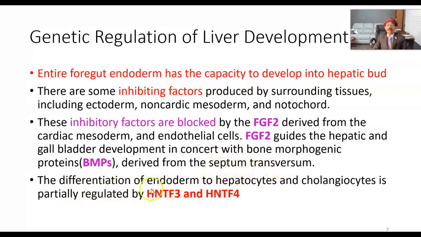The differentiation of endoderm to hepatocyte and cholangiocyte is partially regulated by HNF3, hepatocyte nuclear factor 3, and HNF4, hepatocyte nuclear factor 4. Okay, this will help in partial differentiation, along with all of these, to be differentiated into hepatocyte and cholangiocyte.